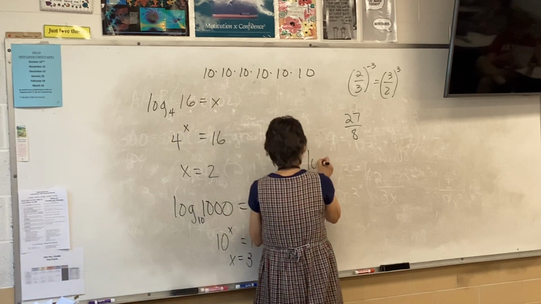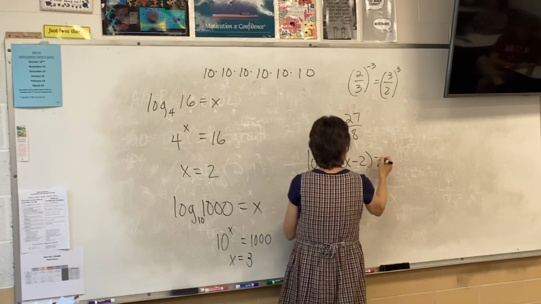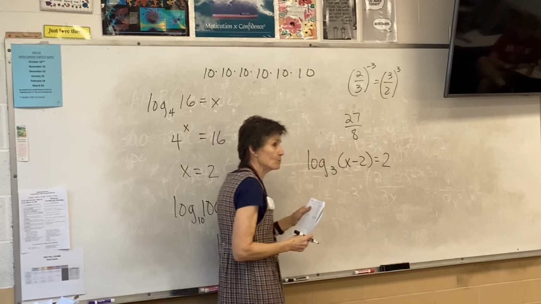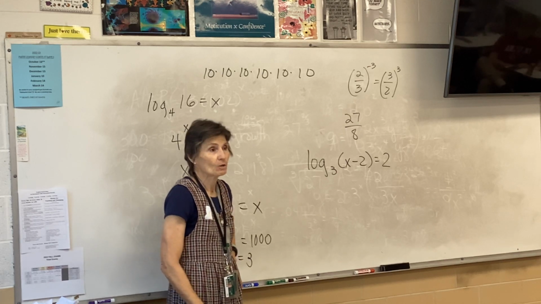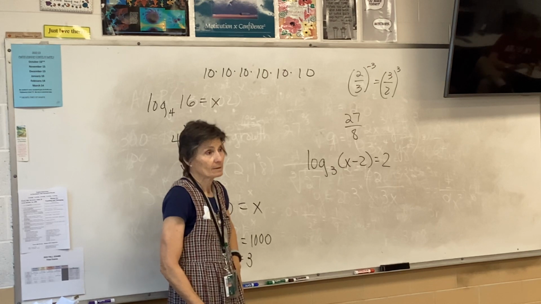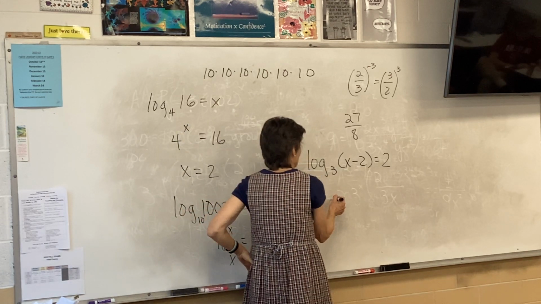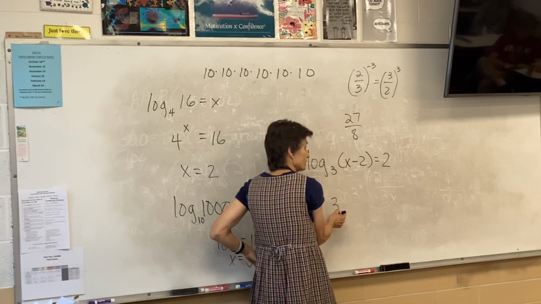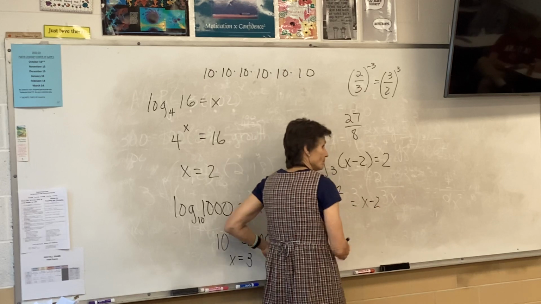Solve this equation, 4a. I know you know how to do this problem. It's your favorite thing in the whole wide world. Loop-de-loop, right? So what does it say when I loop-de-loop? 3 squared equals x minus 2. 3 to the second equals x minus 2.